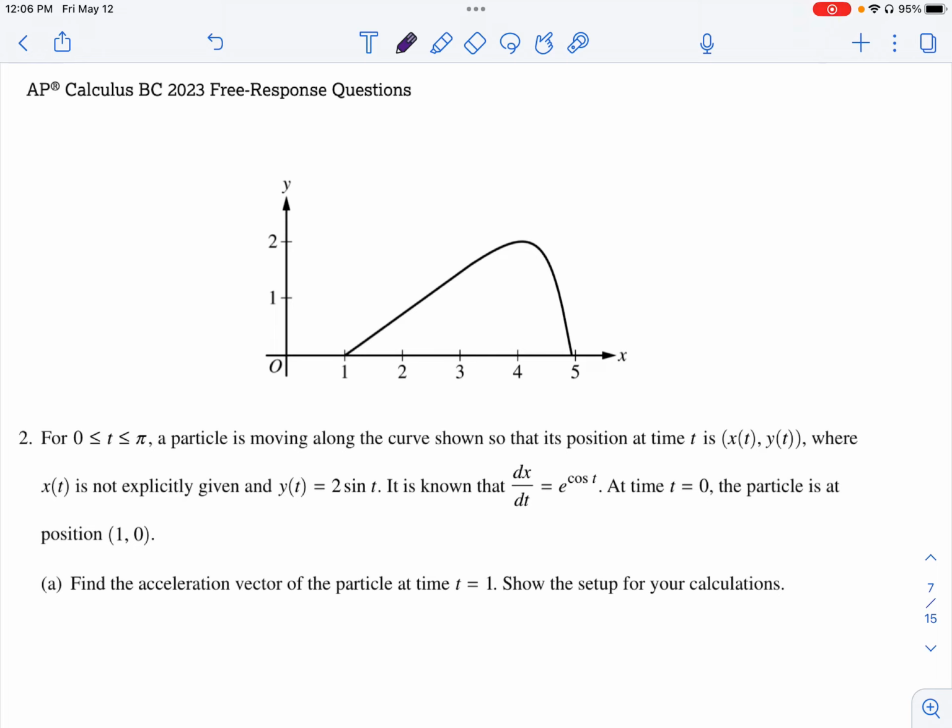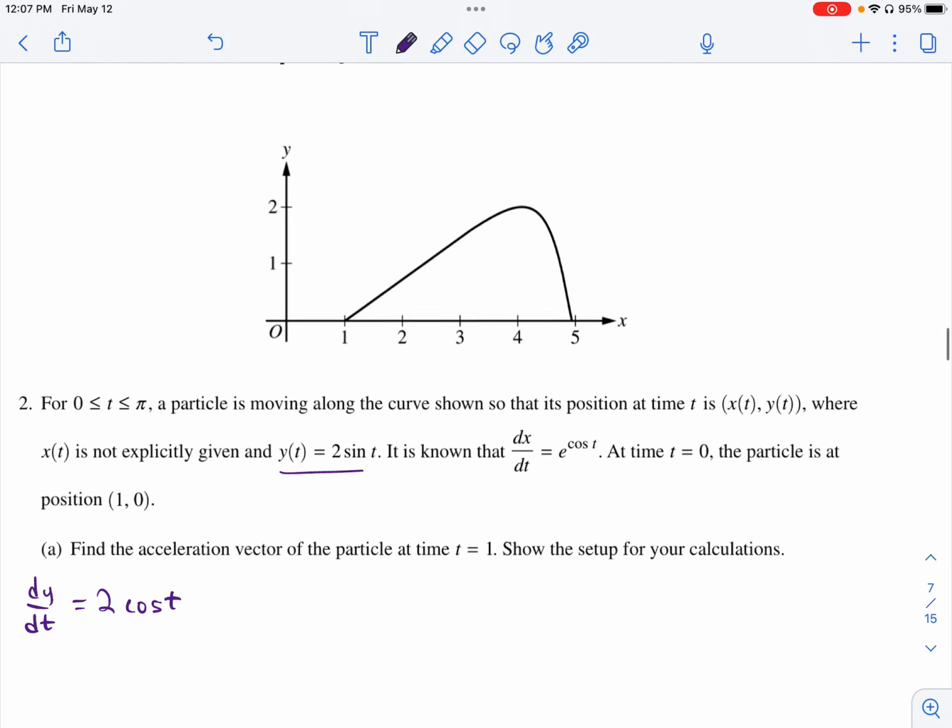So first off, we don't know what x is, but we do know that dx/dt is given. So first things first, we need to find the derivative of y of t. So let's start with that. We're going to say that dy/dt is simply the derivative of the function y that is given here, and that's pretty straightforward. This is just going to be equal to 2 cosine of t, okay?